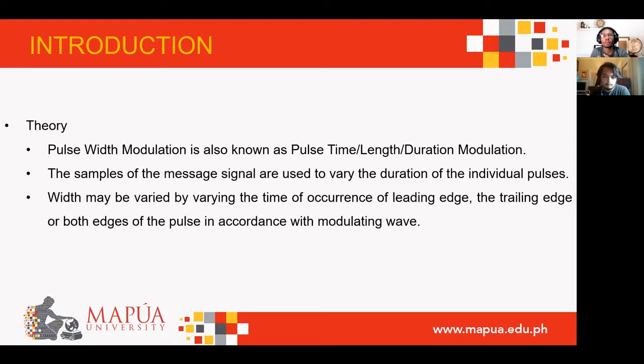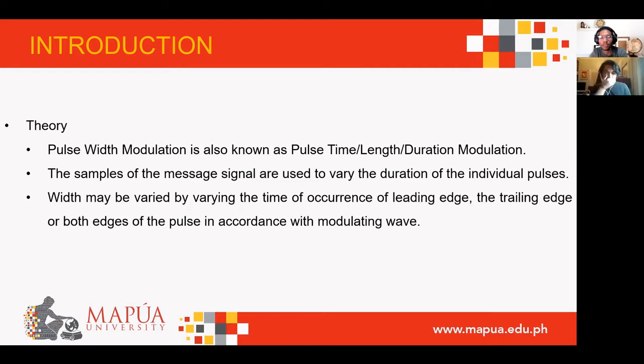The width may be varied by varying the time of occurrence of the leading edge, the trailing edge, or both edges of the pulse in accordance with the modulating wave signal. This was already conducted during our laboratory experiment in activity 2, the PWM modulation, where we created a pulse width modulating circuit using LT-Spice.